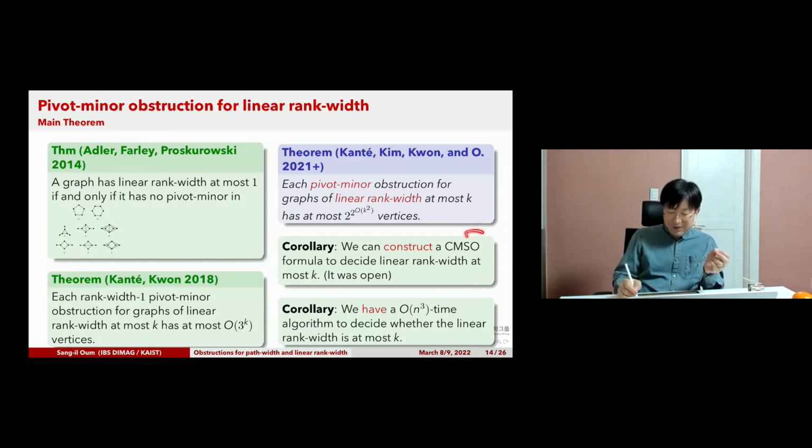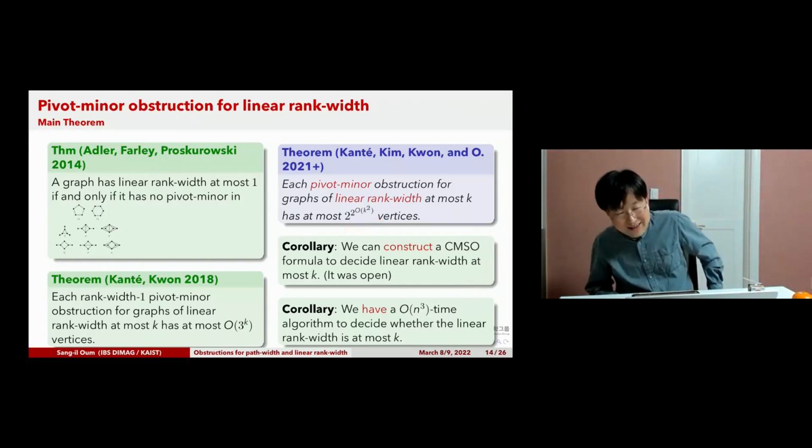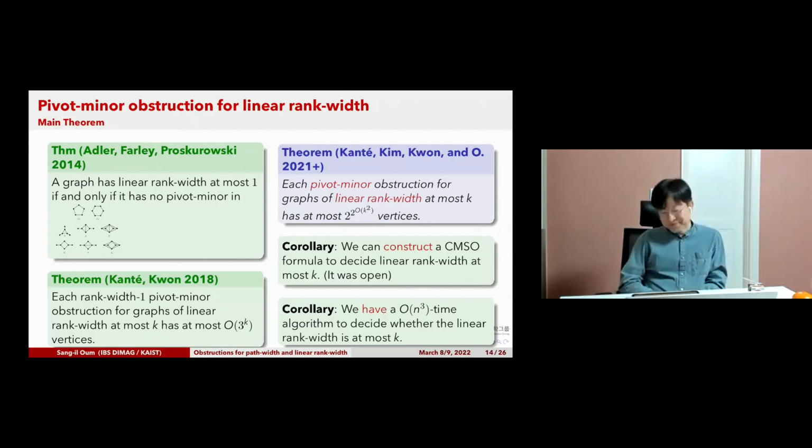Now, if I want to construct it, I can just search all graphs up to this many vertices, decide whether or not linear rank width is at most k, and then write down the formula. And as a corollary, we can decide whether or not linear rank width is at most k. But this corollary was known already.